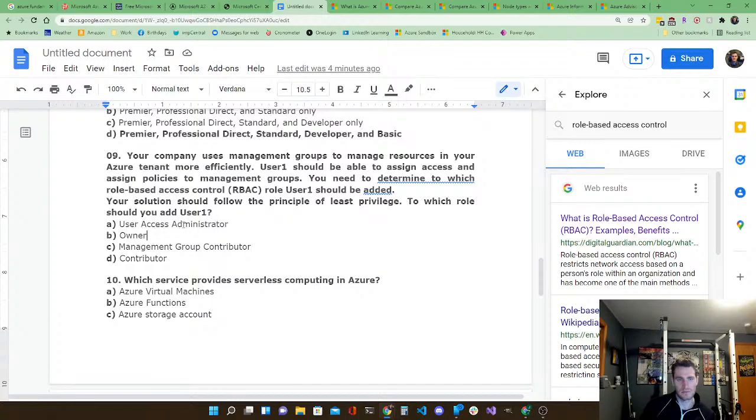User access administrator sounds like you would get administration rights for user access. I don't know. Let's just research this one actually.